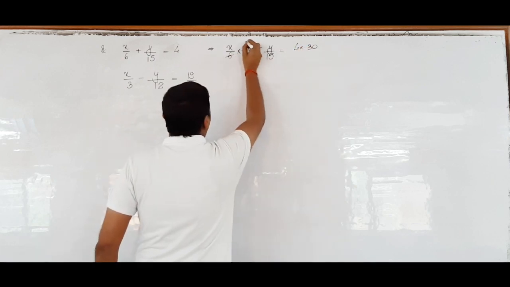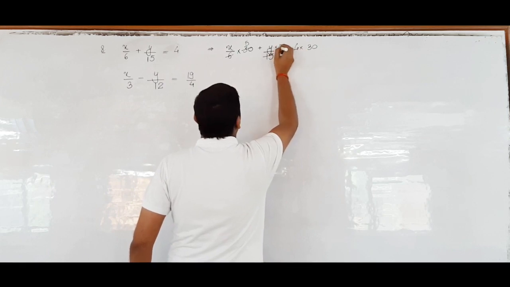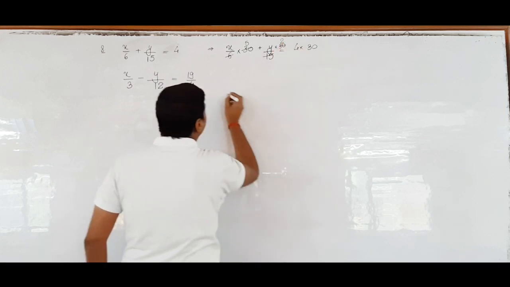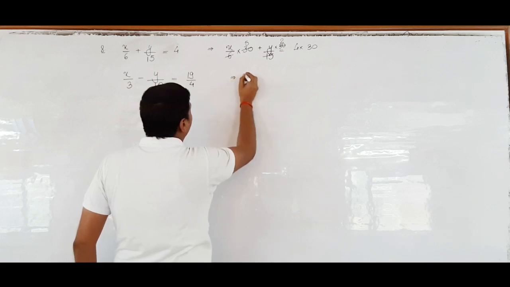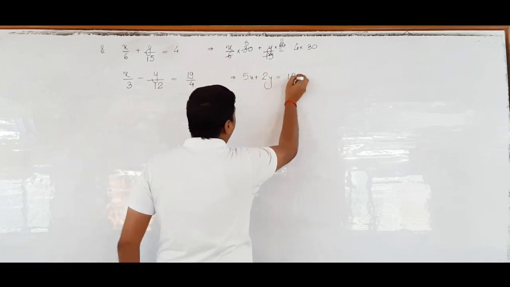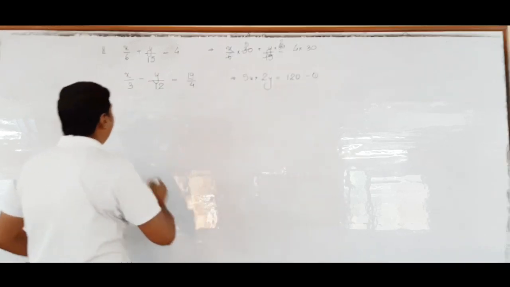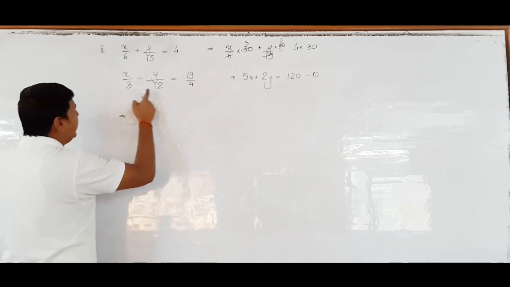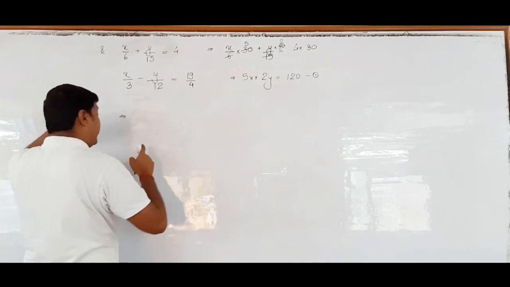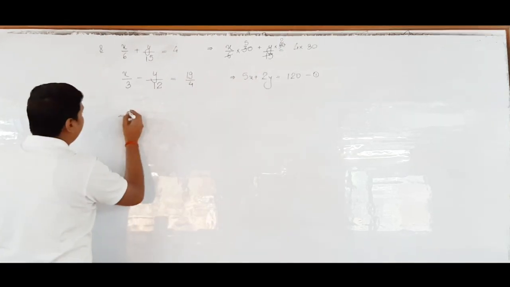So 6 5s are 30. So 5x plus 2y is equal to 120. That's equation 1. Now, LCM of 3, 12 and 4 would be 12.